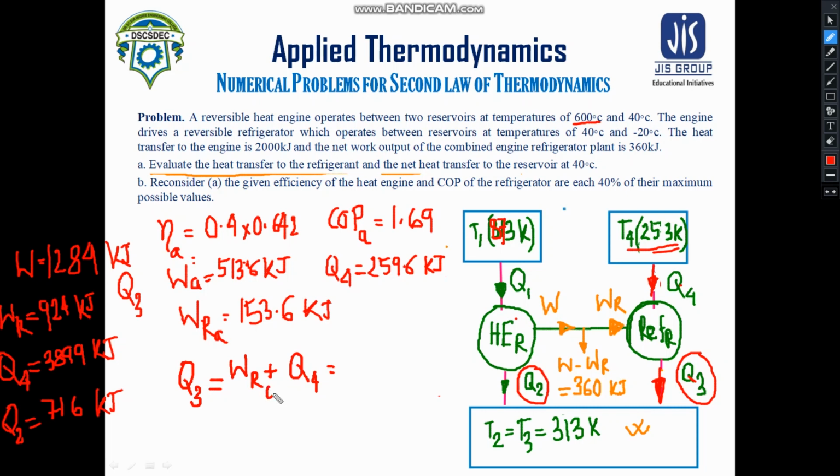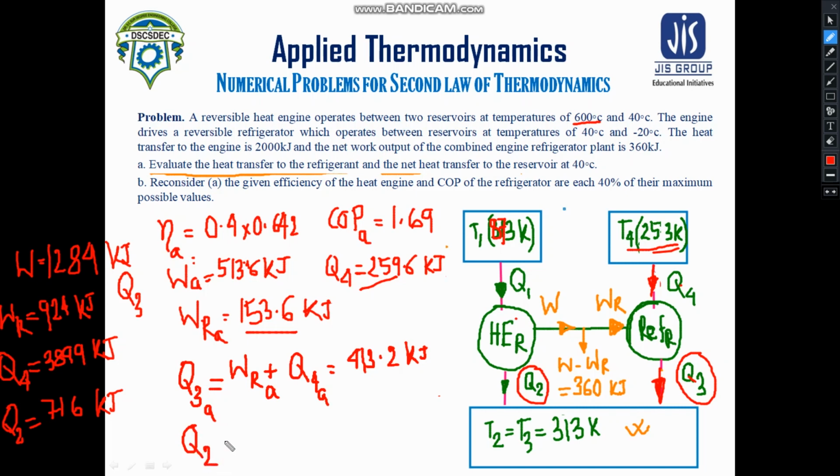So here I am adding this suffix a, which would indicate the actual case. So now you know this, and you can calculate this Q3 as 413.2 kilojoule. Okay, now the question remains to calculate the Q2.